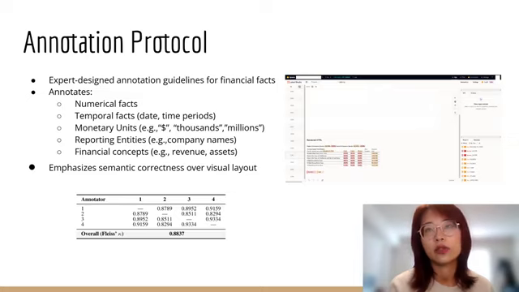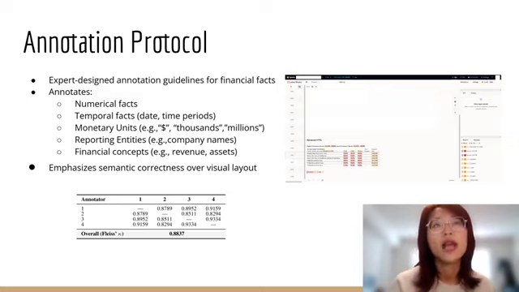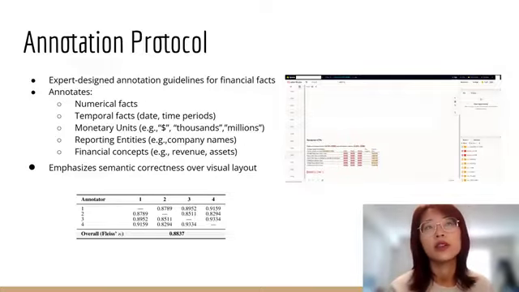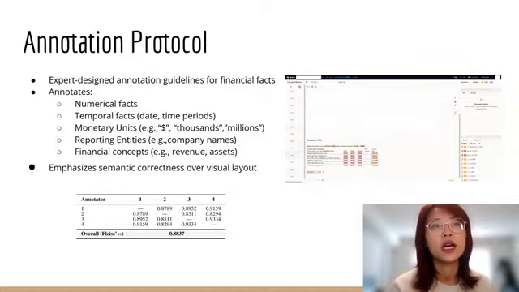The date stands for just the day, month, and year, and the time period stands for, for example, 1 month or 1 year. For monetary units, we are focusing on the currency sign and the units after the numbers, such as thousands, millions, etc. Reporting entities refer to company names, the CEO's names, the managers' names, so names that are specific to this company.